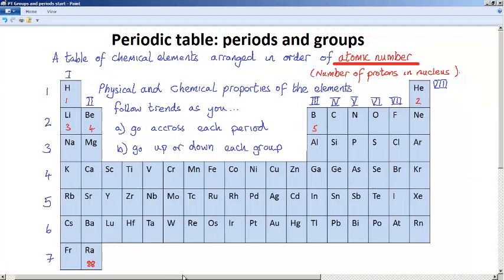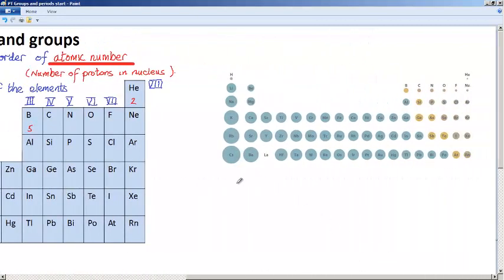Now if we have a look over here, you can see this is a periodic table according to the radius of each atom, imagining that each atom is a ball, okay, and you can see that clearly there are patterns, and as you go across each period, starting for example from hydrogen through to helium, and then from lithium through to neon, you can see quite clearly that the size of the radius decreases as you move across the period. Likewise, the same thing happens in periods 4, 5 and 6. There is a gradual reduction in radius.